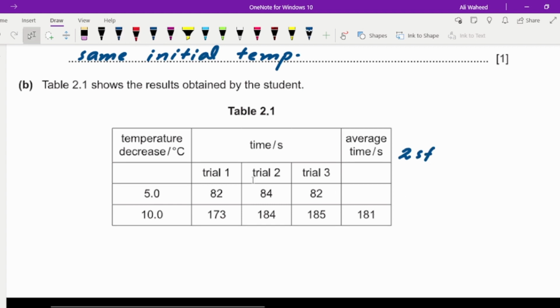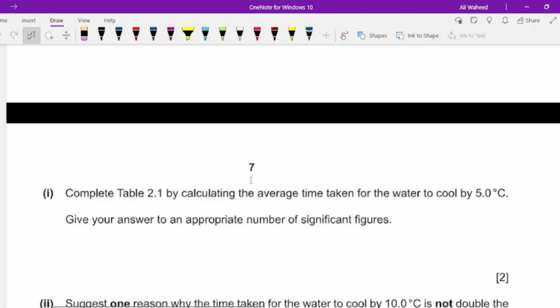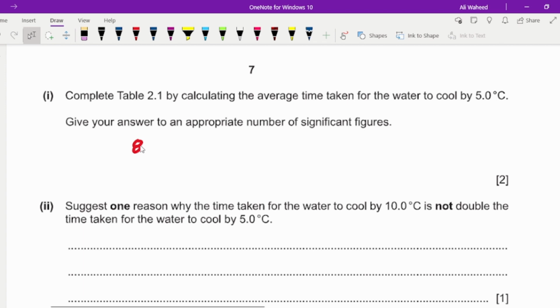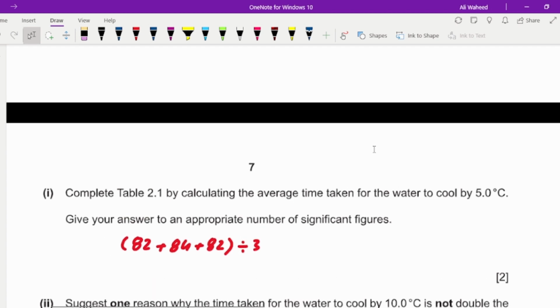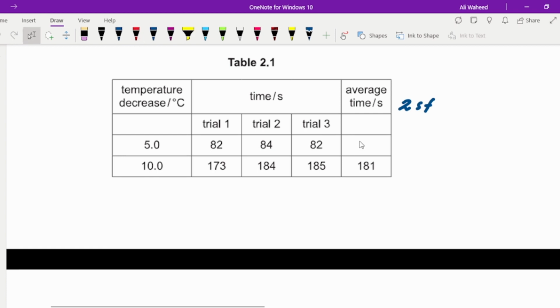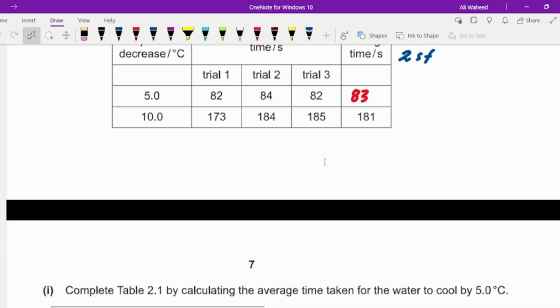So 84 plus 82 plus 84 divided by 3. There were 3 values, and the average would be, in this situation, you simply hit it on the calculator, 82.67, which in 2 SF would be 83. So if you write 82, 82.6, or 82.7, you get 1 mark, because the second mark is for the appropriate number of significant figures.